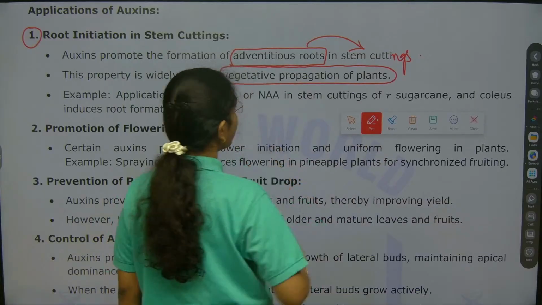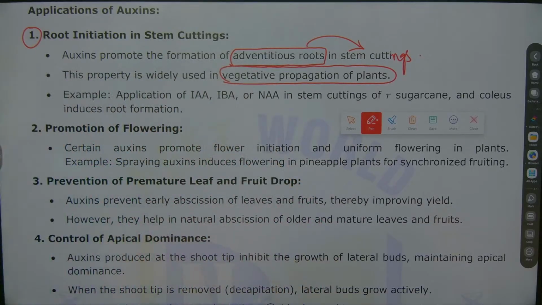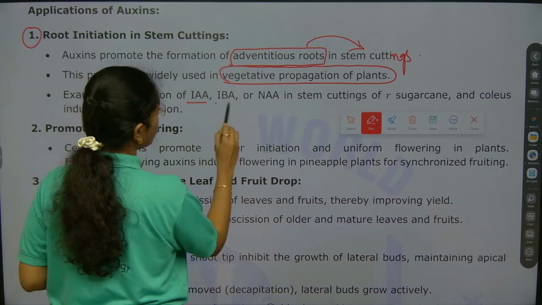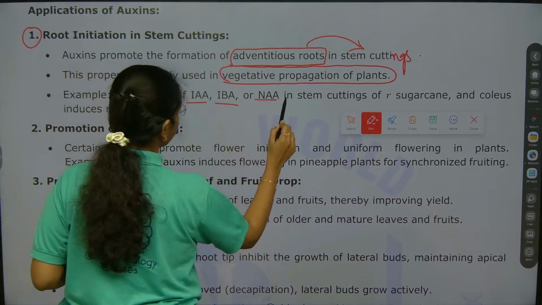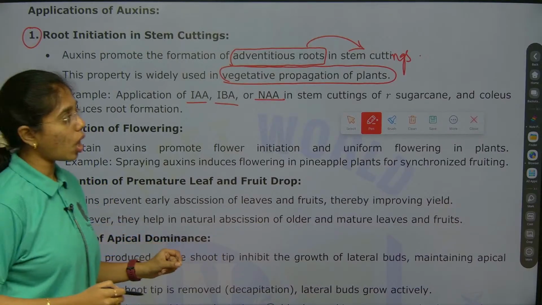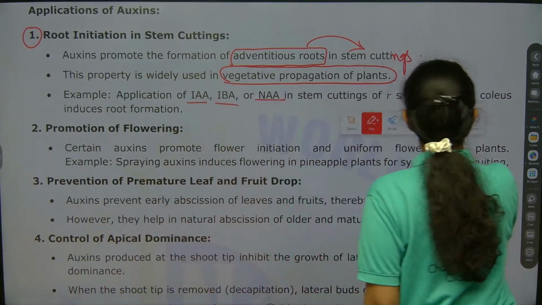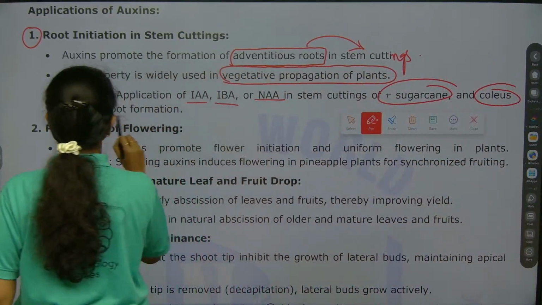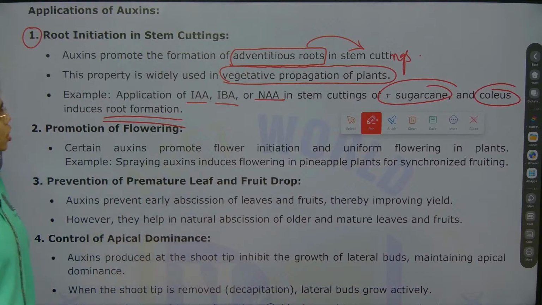The best example for root initiation in stem cuttings is the application of indole acetic acid, indole butyric acid and naphthalene acetic acid in stem cuttings of sugarcane and coleus. This will induce root formation in stem cuttings.